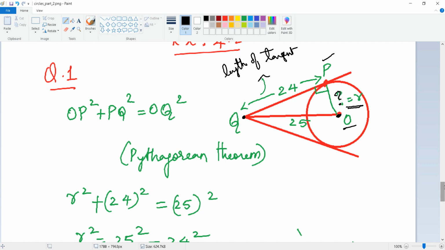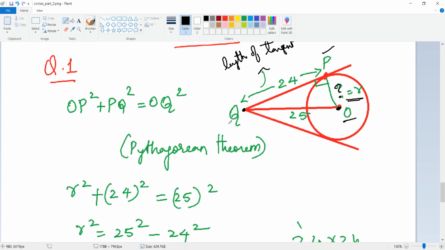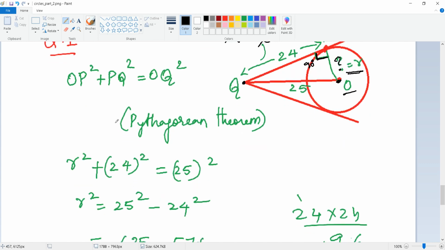Now we will solve using the Pythagorean theorem, because this turns out to be a right triangle. This is 90 degrees, we know by theorem 1, the first theorem we learnt in the previous session. So if you have a right triangle, you can use the Pythagorean theorem.